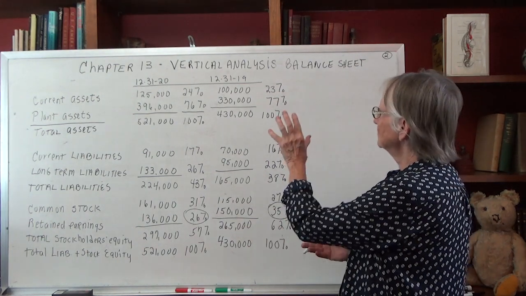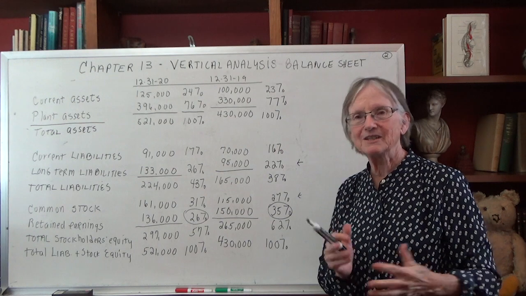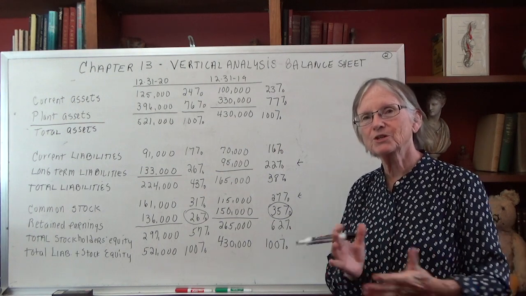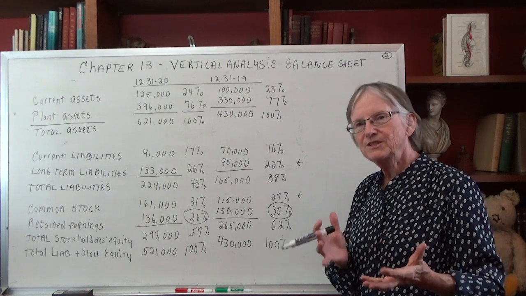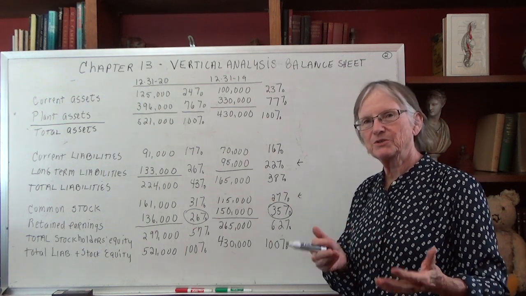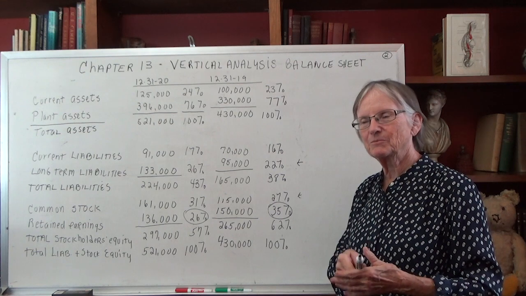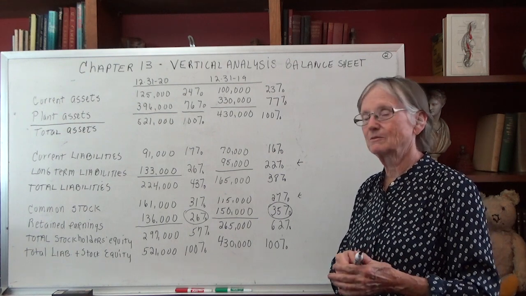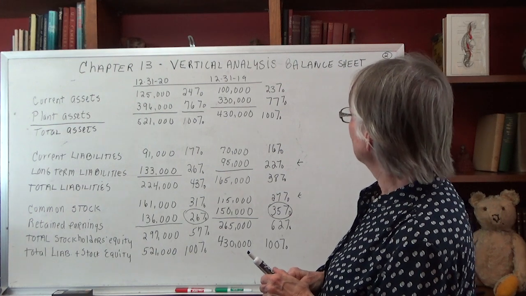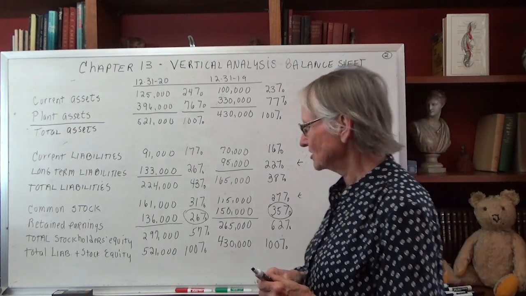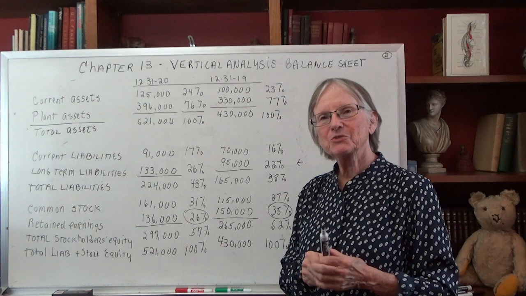So you can see where your vertical analysis and your horizontal analysis, just converting everything to percentages makes it a lot easier to analyze what's going on, whether you're the business owner or whether you're looking at the company to work for or invest your hard-earned money in. All right, so that's your vertical analysis of the balance sheet, and the next thing we get to will be the ratios.